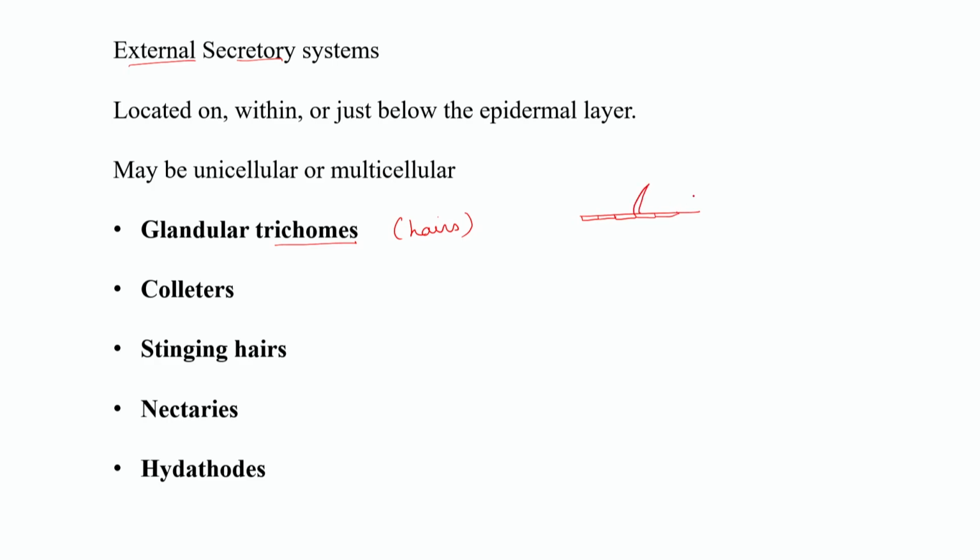They could be unicellular, they could be multicellular, or they could be branched also, and glandular trichomes are the ones which are secreting some chemicals. They could be found on the above ground parts of plants such as stem, leaves, bud scales and reproductive organs.